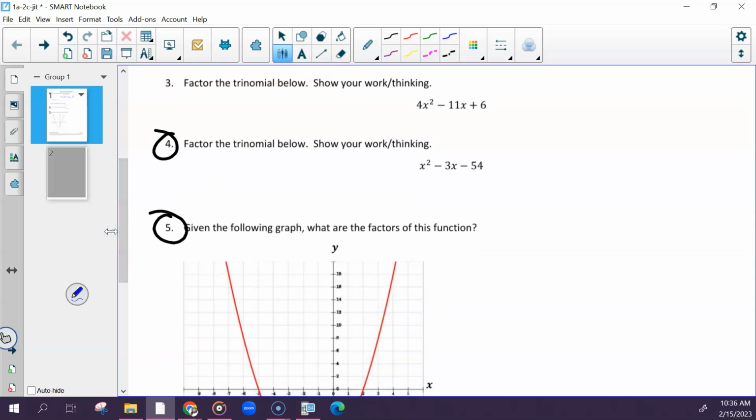Right. For number 4, now you can solve 4 just like you would solve 3, but that would be more work than you really need to do. You can still use the x if you like that. So we're looking for 2 numbers that multiply to be negative 54 and add to be negative 3. What 2 numbers work there?